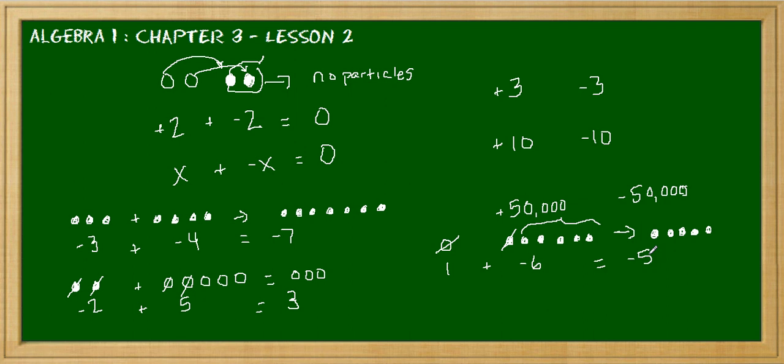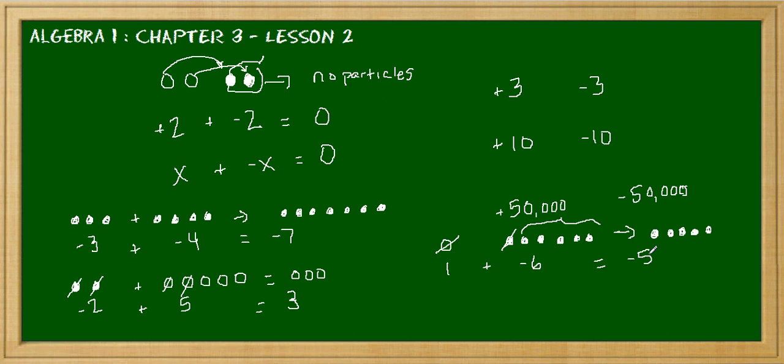I would like to have you learn how to add and subtract less with the number line. It's almost like if you were counting with your fingers. When you were young and you first started counting, and then someone asked you what's 2 plus 2, you would take 2 fingers and say, well, I have 2 fingers and I added 2 more, and that would be 4, and you would look at the total. So that's what we're doing with these positive and negative illustrations. We're showing you in a visual sense.